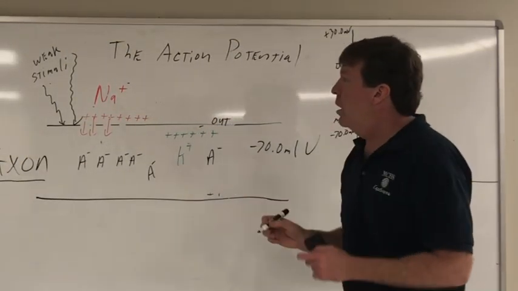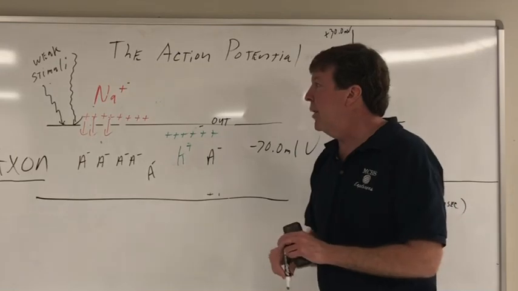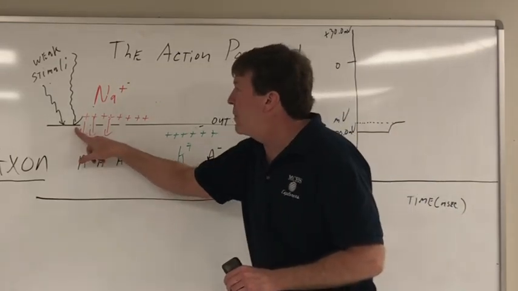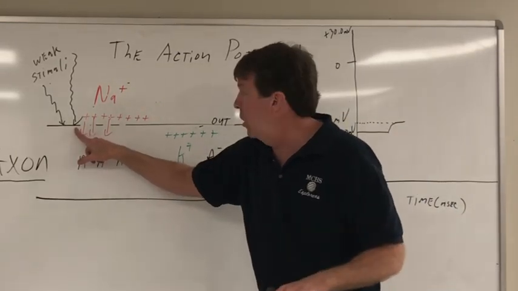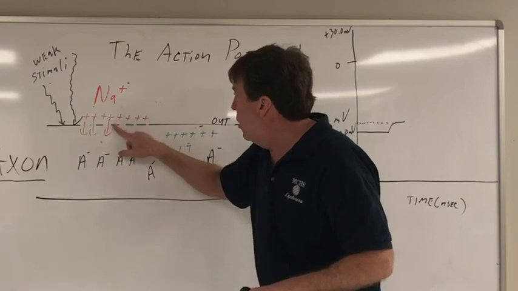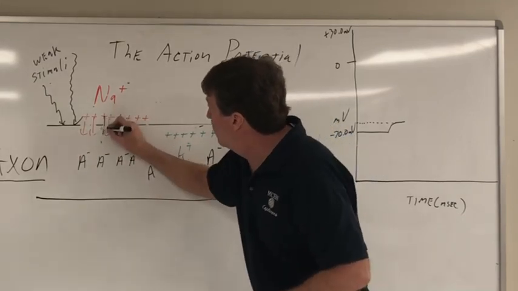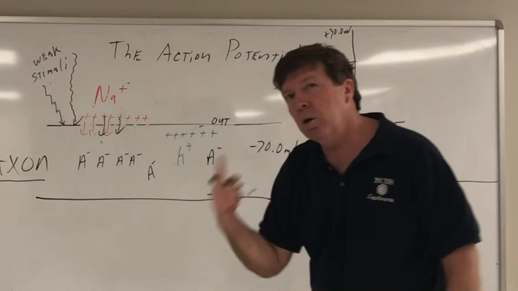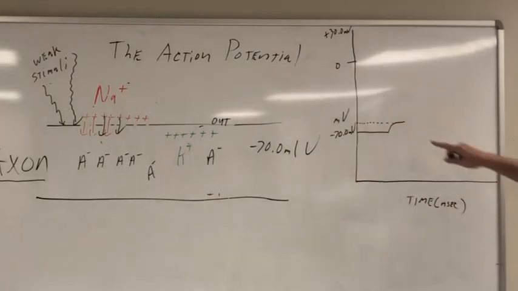Well, with that stronger stimuli, we are going to open up these voltage gates for sodium, and now we're going to get more sodium coming in. As more sodium comes in, take a look here. This number gets closer to 0.